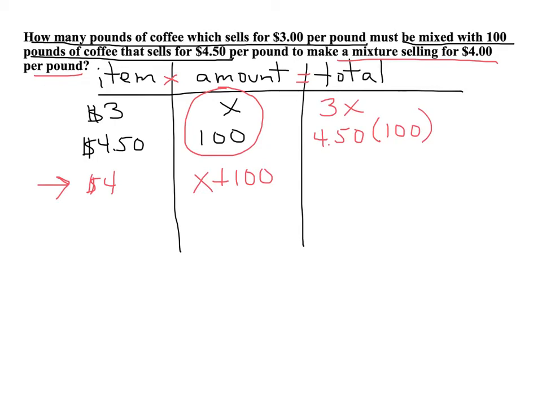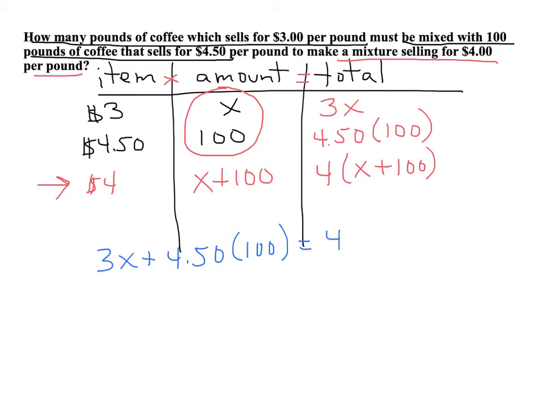And once again, I multiply those two together to get 4 times x plus 100. So now my equation is 3x plus 4.50 times 100 has to equal 4 times x plus 100.